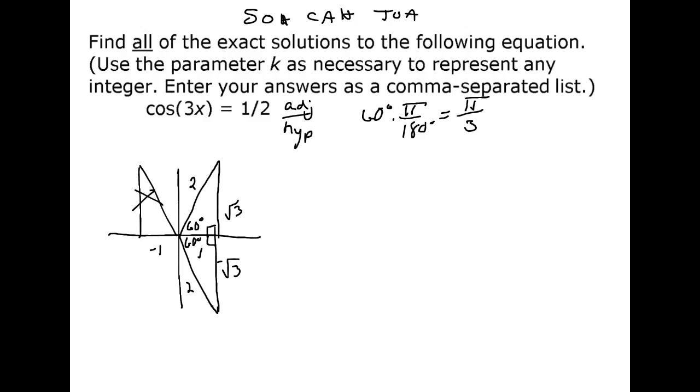In the fourth quadrant, we would go almost 360, so we'd be going 300 degrees. So that would be 5pi/3.